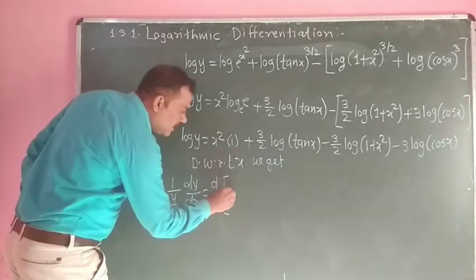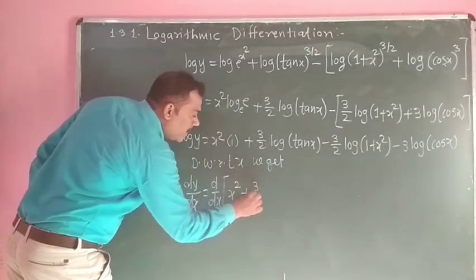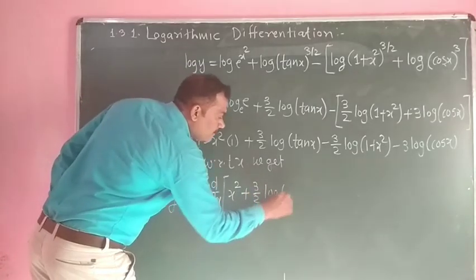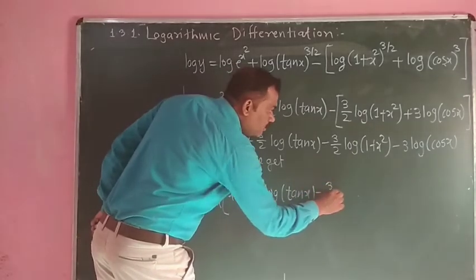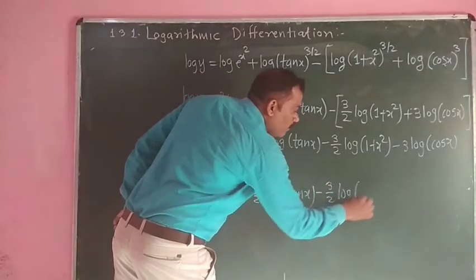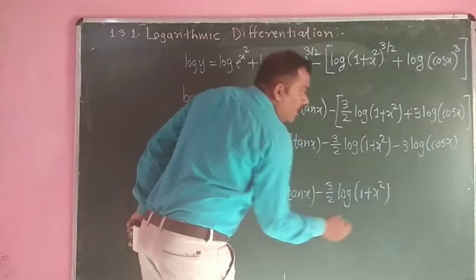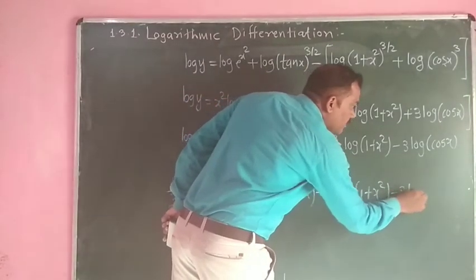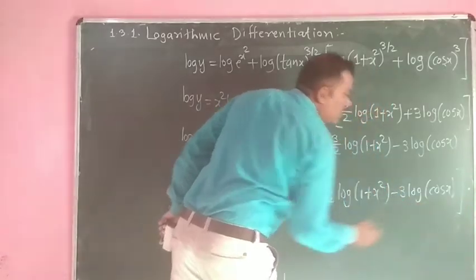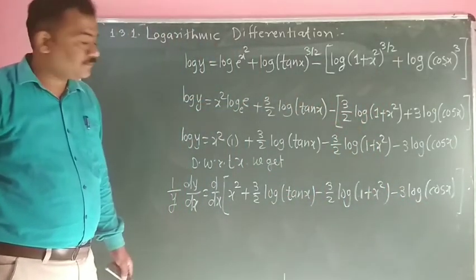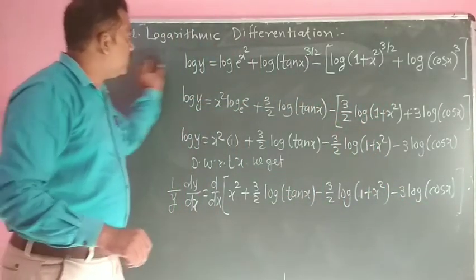What is that RHS? x square plus 3 by 2 log of tan x minus 3 by 2 log of 1 plus x square minus 3 times log of cos x.